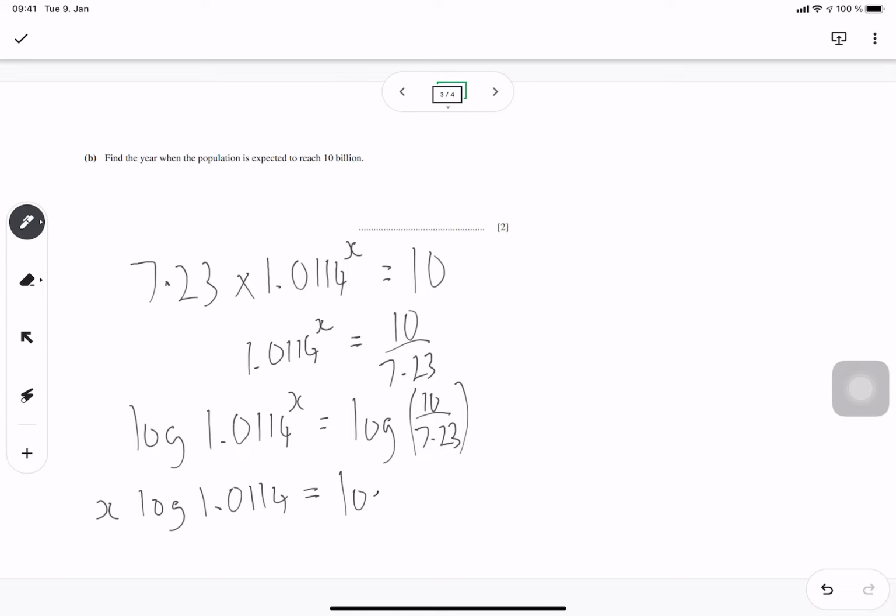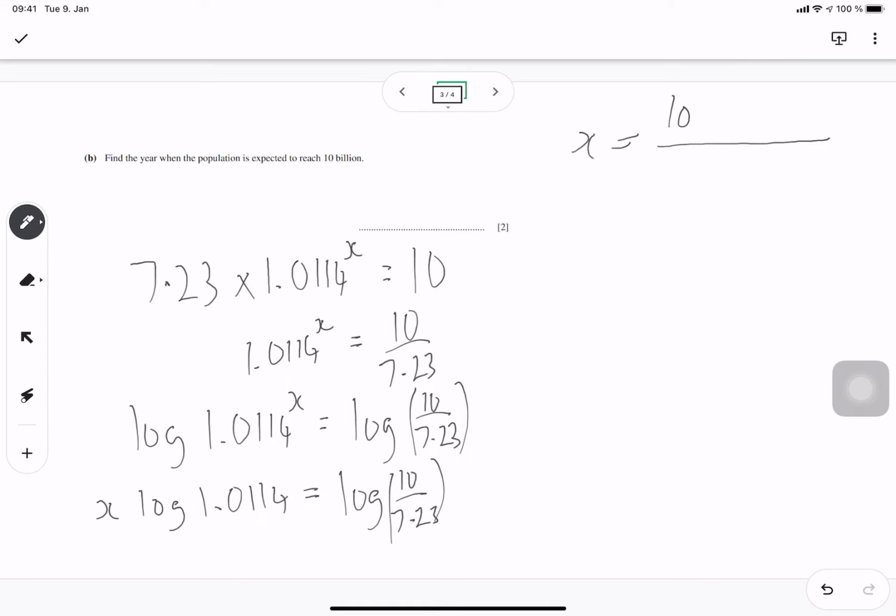In this case, I don't change the right hand side. So now I want to find x, and x is being multiplied by log 1.0114. We don't know what that is. It doesn't really matter, to be honest, because I can just divide everything by that.